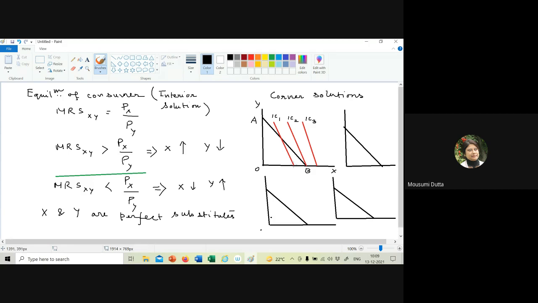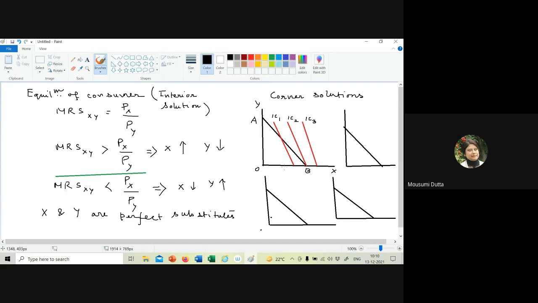So a rational consumer will continuously increase consumption of X and reduce consumption of Y, and finally the consumer will stop at B. Beyond B we have to move to the negative quadrant, so we will not be able to increase consumption of X beyond B. So the consumer is continuously substituting Y by X, and finally the equilibrium will be achieved at the corner given by B. It is a corner solution, not a solution along any point on the budget line within A and B. Rather, consumer's equilibrium will be achieved at B.